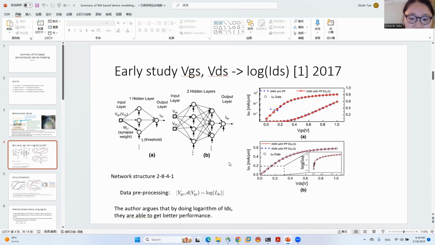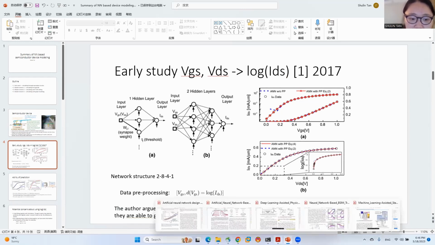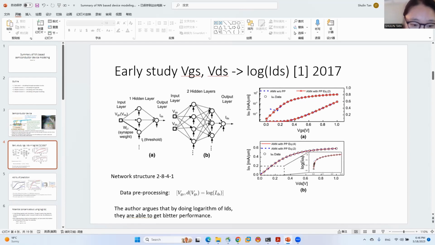So what is presented here is an early work. They try to solve this problem.